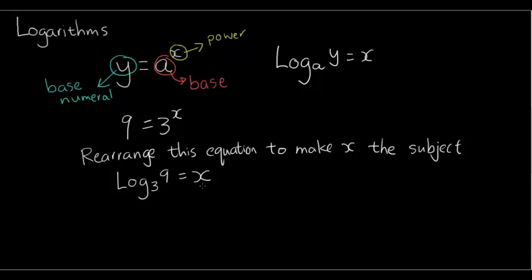And how is that useful? Well, because x is now the subject, we can type this in the calculator to find out what x is. So we can now find the unknown variable when x is in the power position.